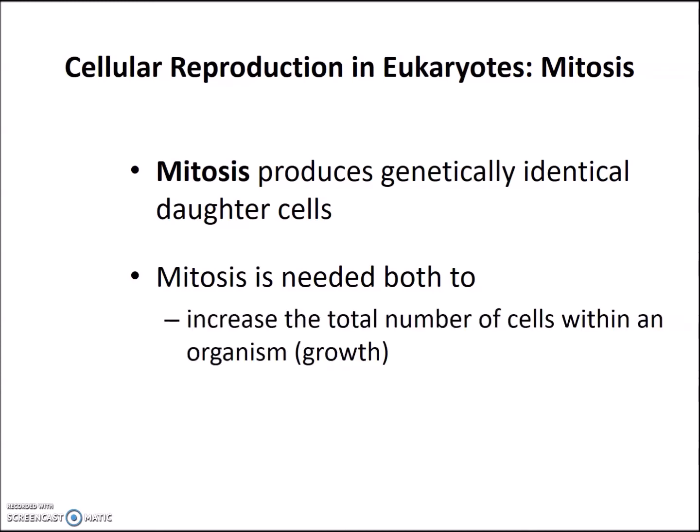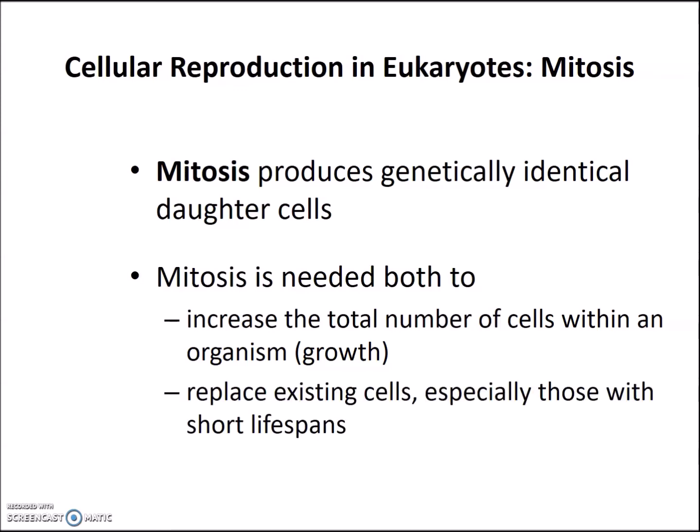In order to go from a small baby to an adult, you need to produce more cells in your body. Your body has a certain number of trillions of cells, which for most of us would increase over the course of your growth cycle. Mitosis is needed to produce that.